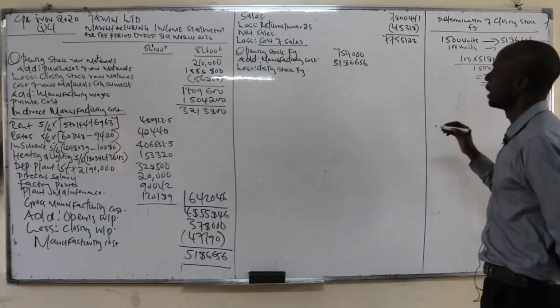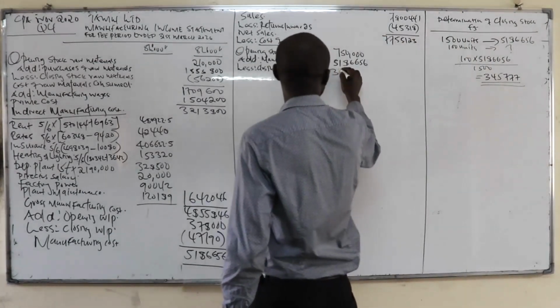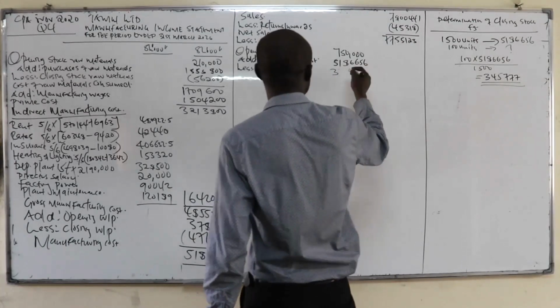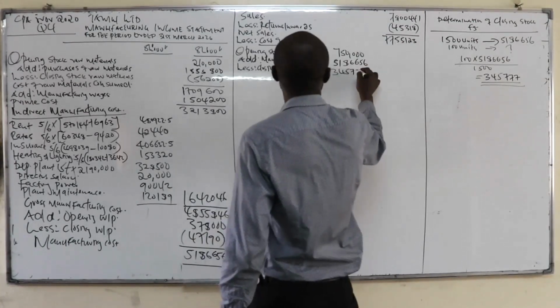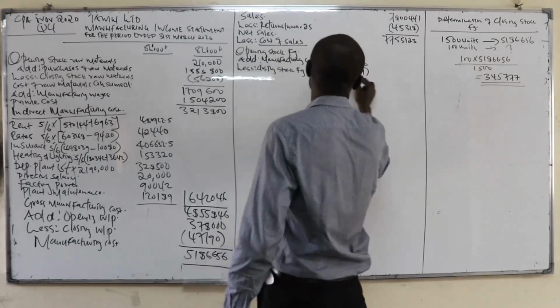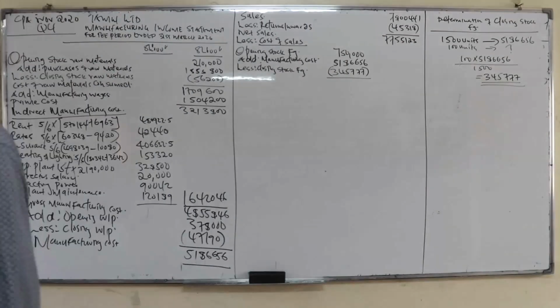So that one will be the closing stock of finished goods. 3.06, so you can just round it off. 345,777. What do you get?